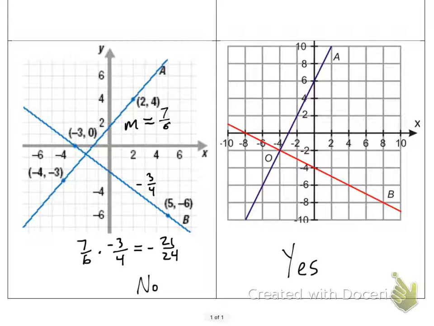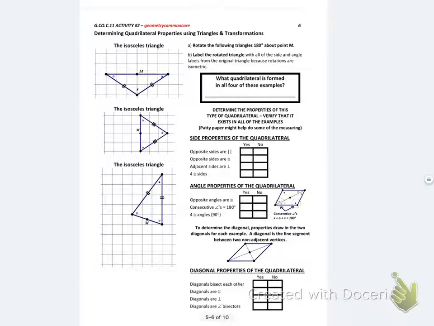But now what we're going to do is we're going to spend the last part of class looking at our next quadrilateral. Yay! All right, everyone should look at this side of the page. So you should see the diagrams kind of matching up with this one. And we're going to do the reflections here really quickly.